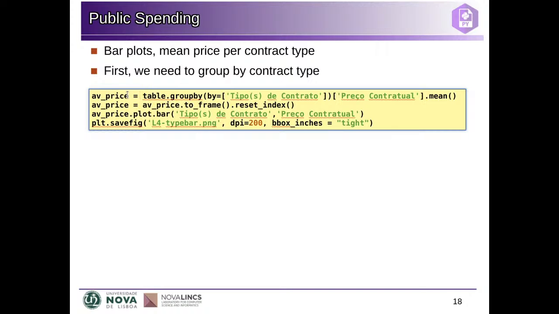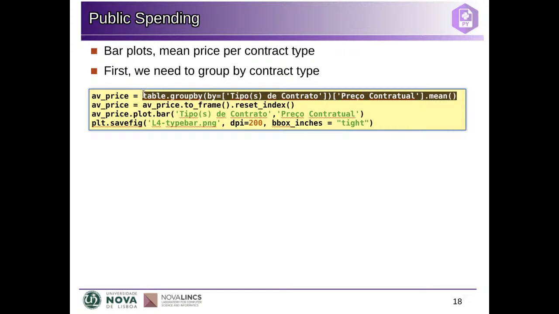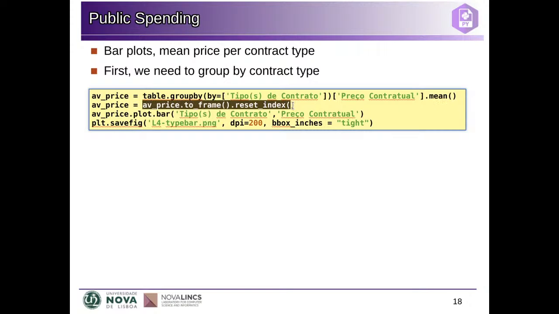So to put the code together, from our table with all the data, we group by the contract type and we aggregate the price by computing the mean. So this gives us a group by object that aggregates this column using this as the type for the groups and computing the mean. Now we can convert this to a data frame and reset the index.